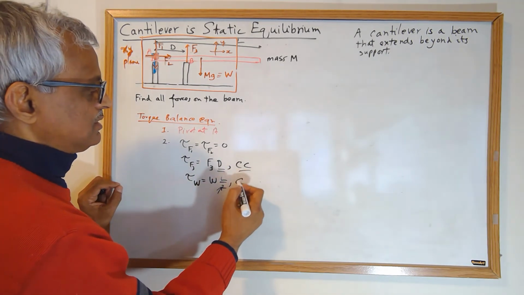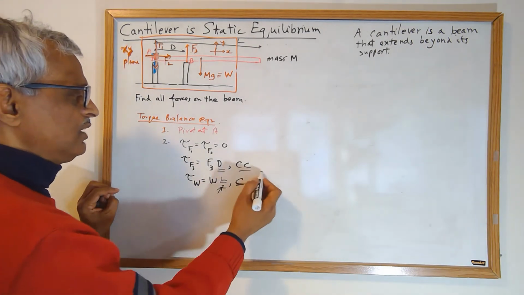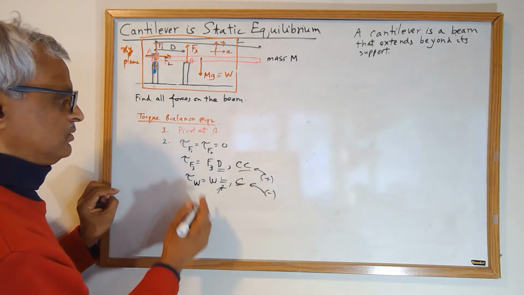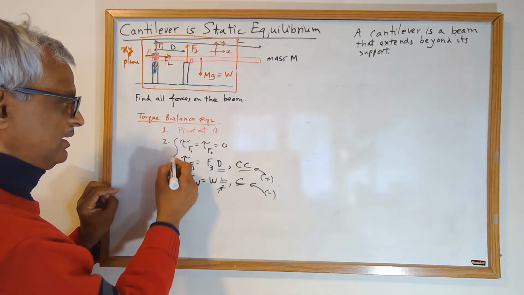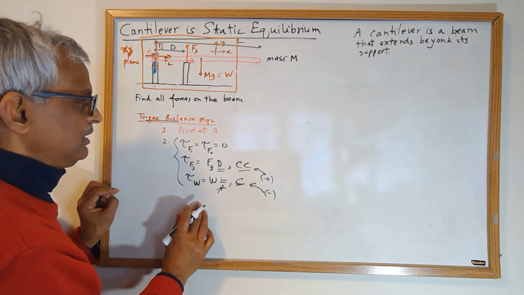So these lever arms you need to figure out. Okay, so if I take this as plus, then this will be negative. So tau net equals 0. Adding all of this gives me 0. That's what the torque balance equation tells me.